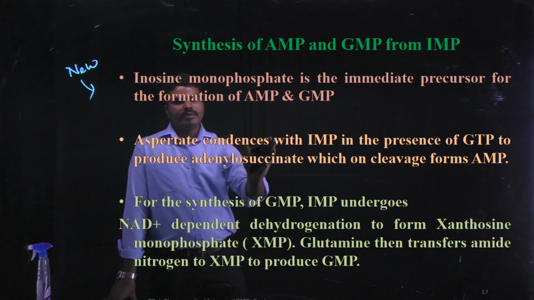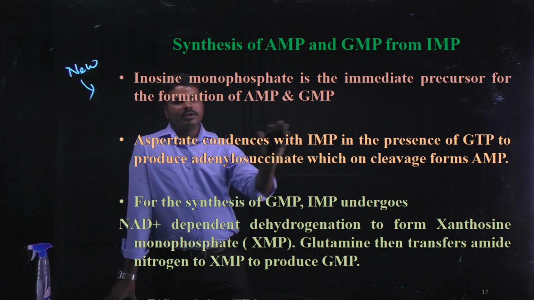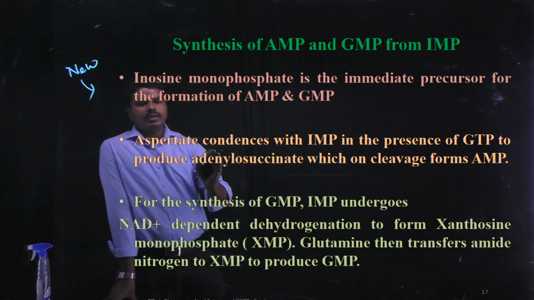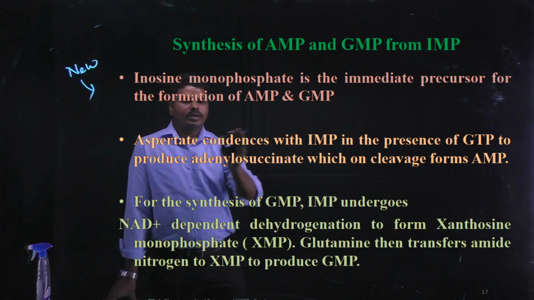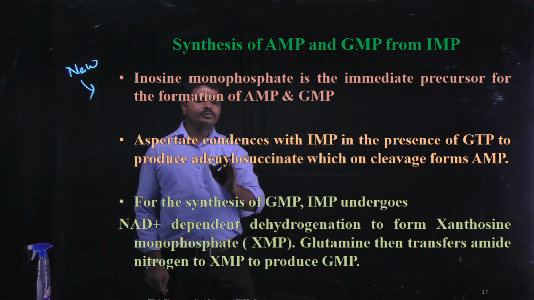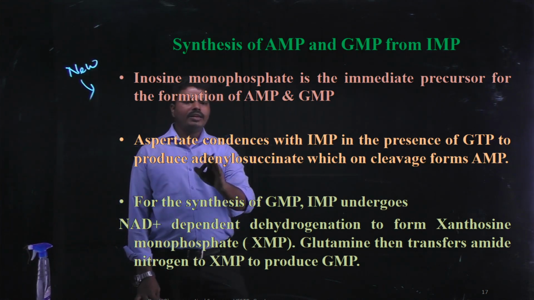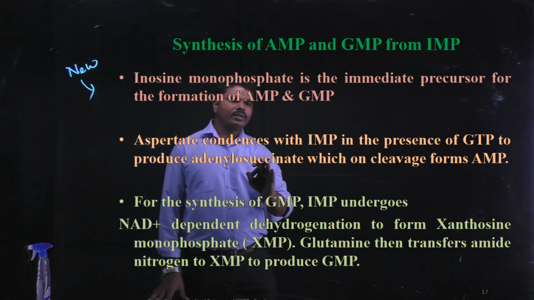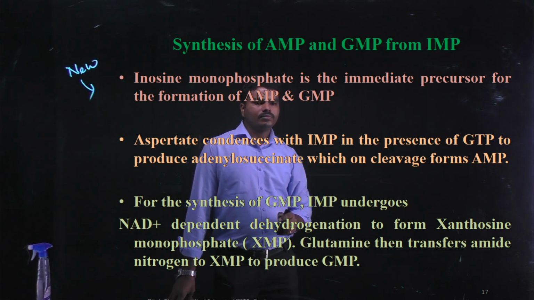For the formation of AMP, the inosine monophosphate is condensed with the aspartate in the presence of GTP to produce the adenylosuccinate, and this adenylosuccinate is cleaved by the enzyme, thereby it forms the AMP.